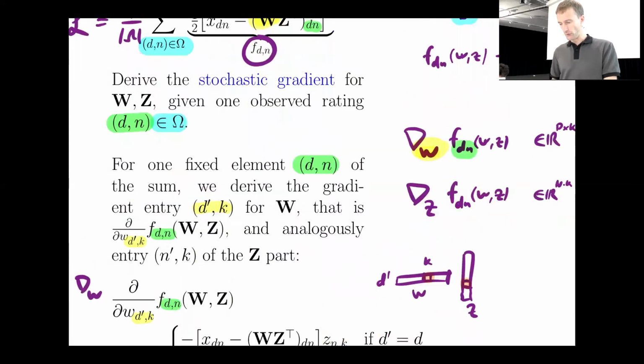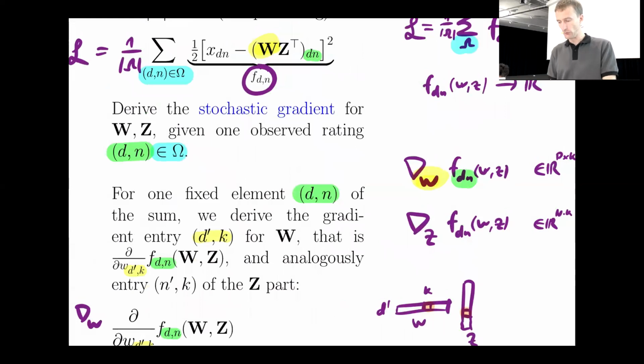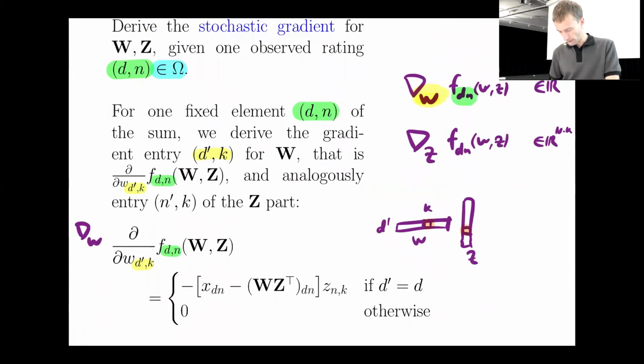And what is the outer derivative? Sorry, then it's squared. So the square disappears with the 1/2. And this here remains, right? So that's why this kind of prediction error remains. It's just not squared anymore. This is how much you're off, right?